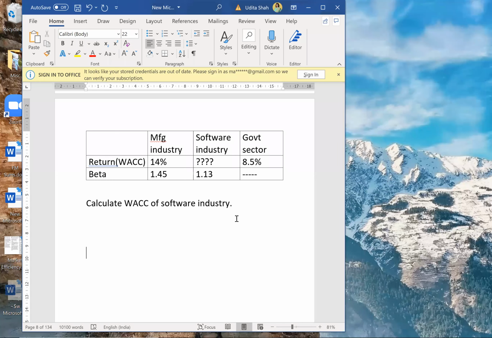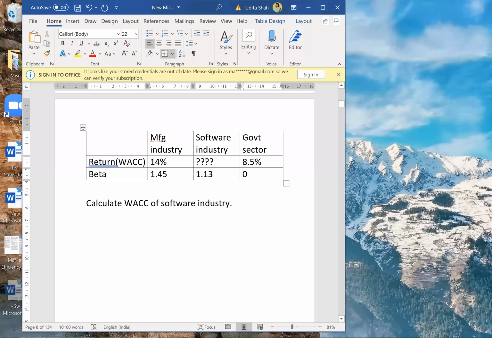Which is the common industry where nothing will change? Government sector beta will always be 0 because government sector is risk free, and return will always be 8.5%. So government sector will always remain common.